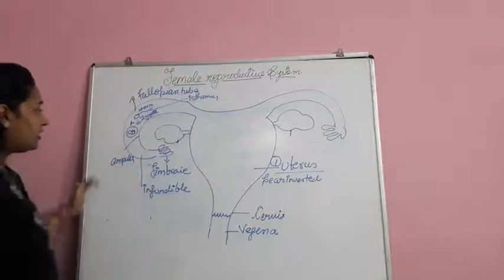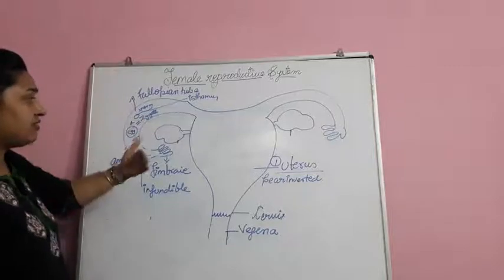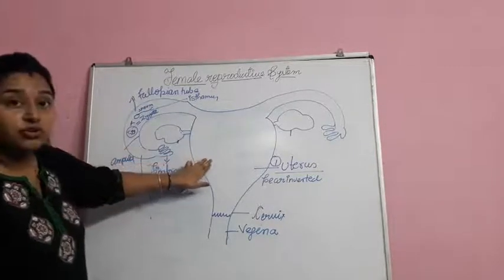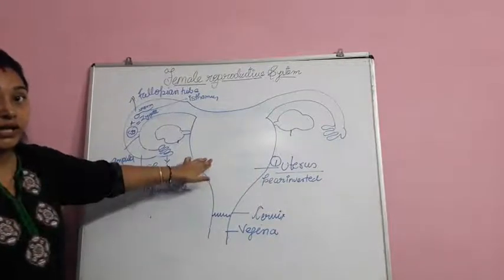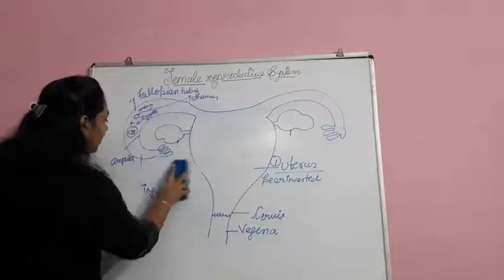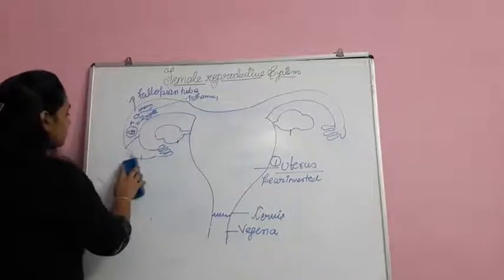Now after this, the zygote goes through several divisions, and later comes into the uterus and gets implanted. Implanted means it gets settled and attached to the uterine cavity, and starts its function.